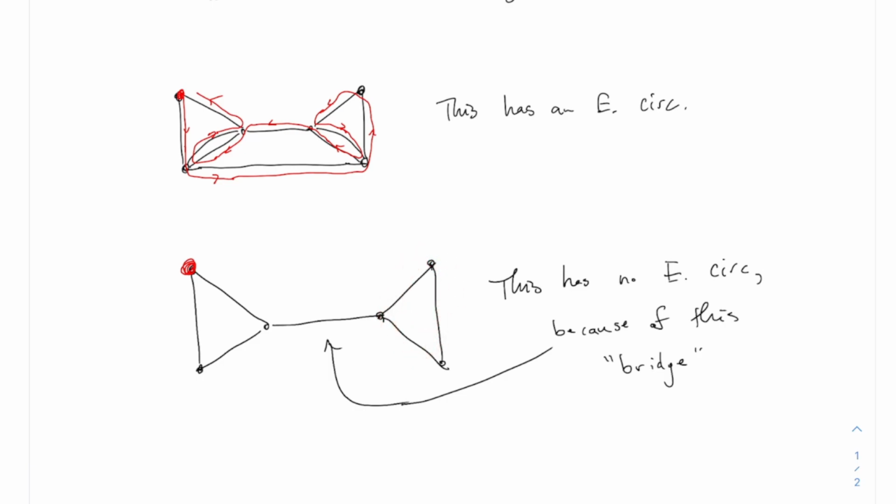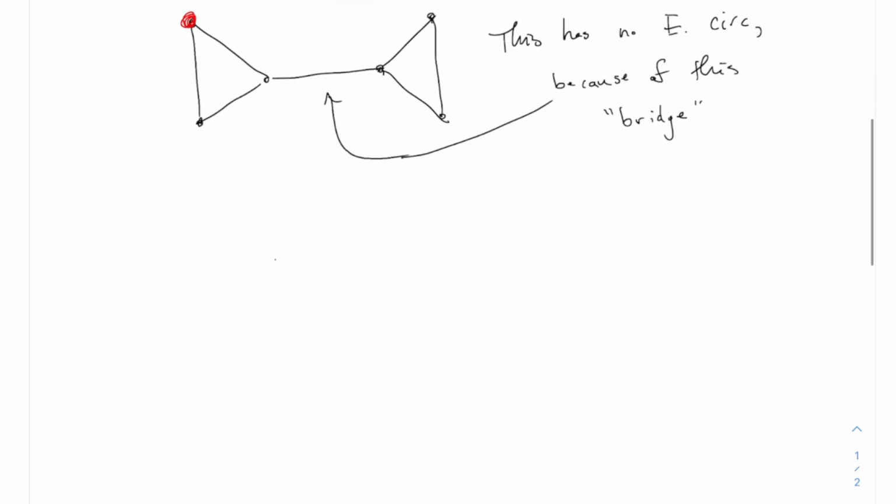And the fact that there is an edge like that, which by itself splits the whole thing into two parts, the one on the left side and the one on the right side, means if you ever go across that edge once to get to the other side, there's no way to get back to the first side, right? So this one here has no Euler circuit. It's basically because of that edge right there. Although this can happen even in a less obvious example, something like this.